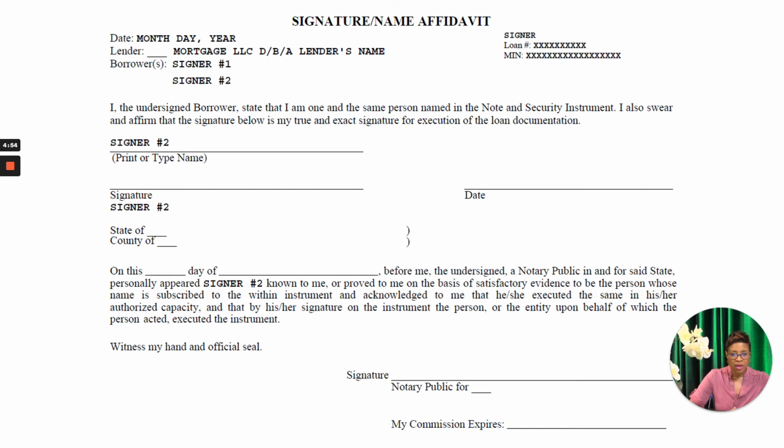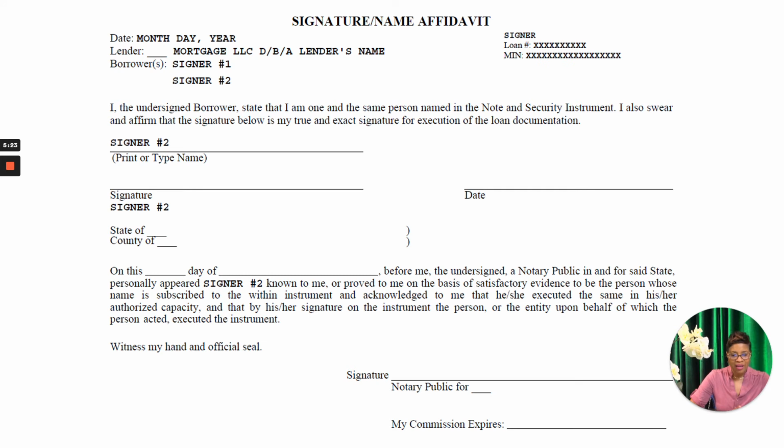Personally appeared, signer number 2, known to me or proved to me on the basis of satisfactory evidence to be the person whose name is subscribed to the within instrument, and acknowledged to me that he or she executed the same in his or her authorized capacity, and that by his or her signature on the instrument, the person or the entity upon behalf of which the person acted executed the instrument.